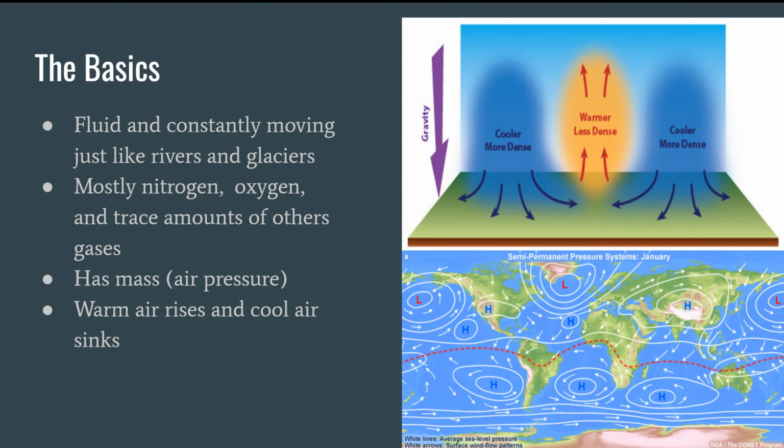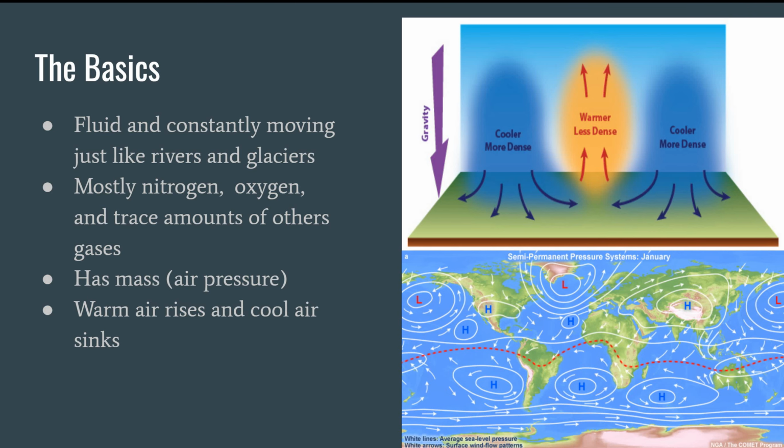And essentially, you can think of the atmosphere as having mass as well. And by mass, more specifically, we mean that it exerts some kind of pressure on surrounding layers of air as well as on the surface.